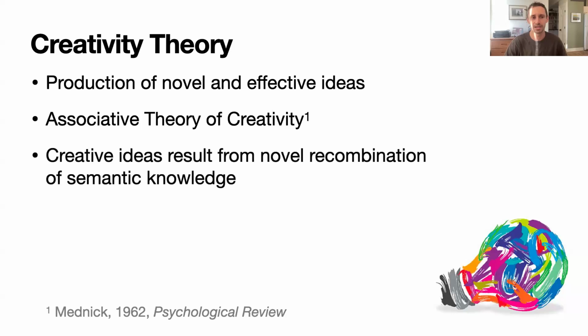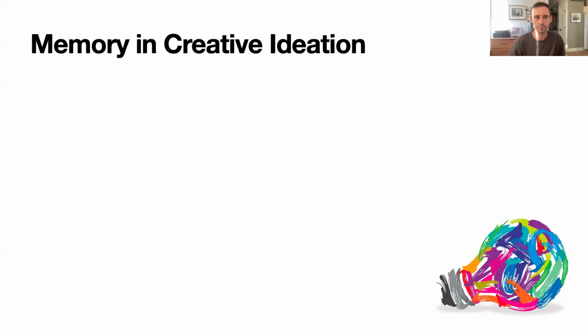More to say on that in a second. So essentially, we have some network of semantic information, concepts that we are familiar with, and we recombine them or find associations between them, and that leads to the insight of a novel idea.